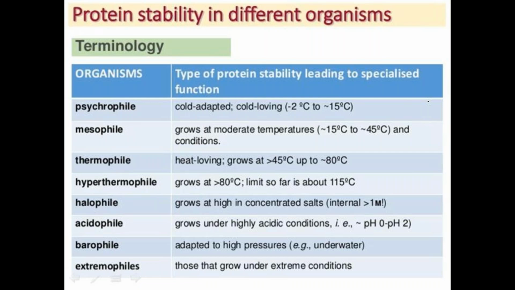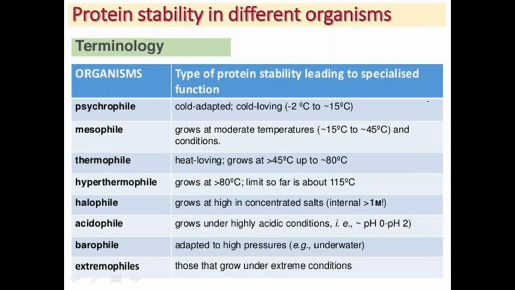For example, in the growth patterns we can observe saprophytes, mesophytes, thermophytes, and hyperthermophytes. If organisms grow in salt conditions, they are called halophytes. Based on pH conditions, they are called acidophytes, basophytes, and neutrophytes.